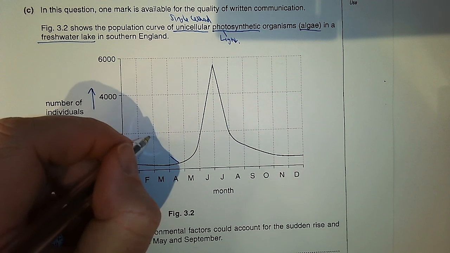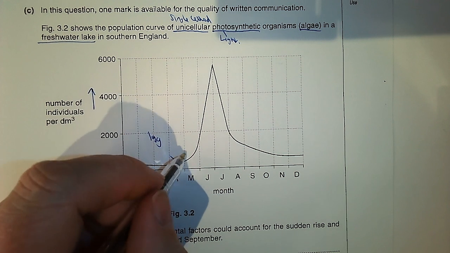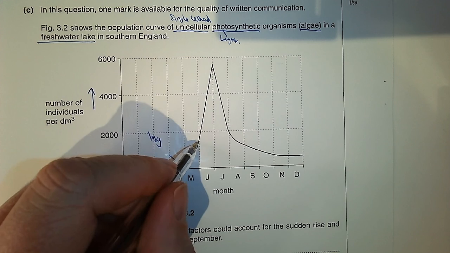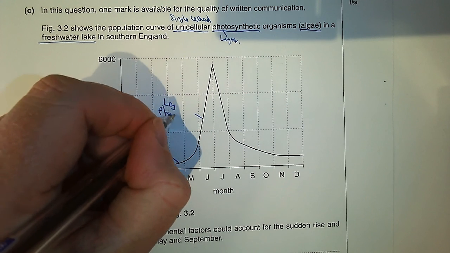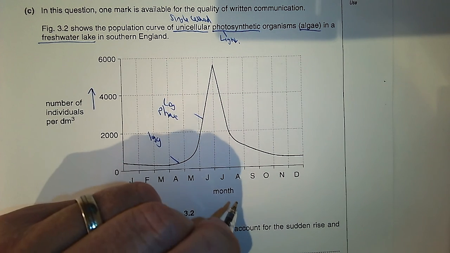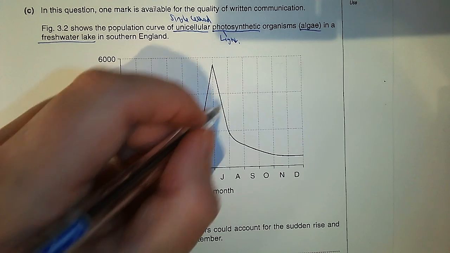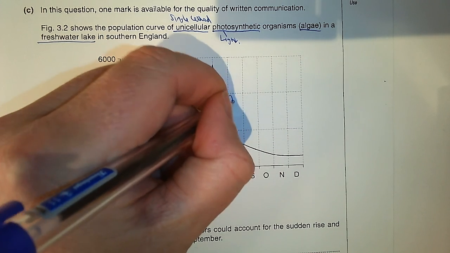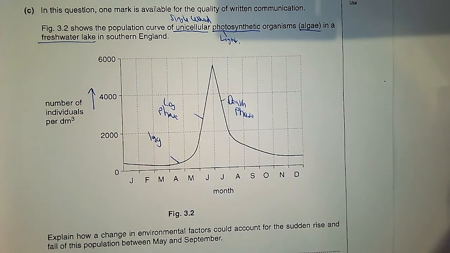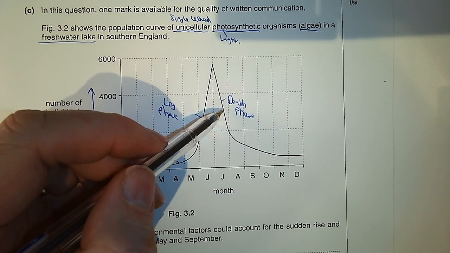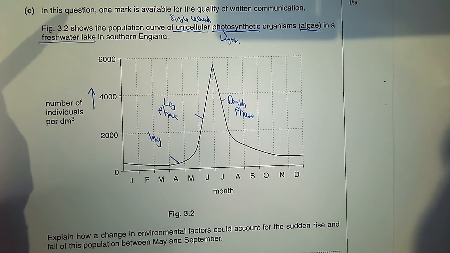So we've got the lag phase, and that's where the population starts to increase slowly. We've got a log phase, where you've got rapid growth in a population, and then we've got a death phase, where the number of deaths exceeds the number of new photosynthetic organisms being produced.